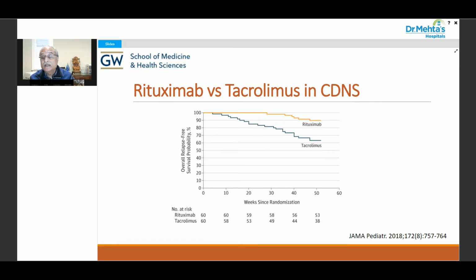And not only steroid-dependent nephrotic syndrome, but I think sometimes in steroid non-responsive patients, this could be tried. And even though I have resisted initially, I have been recently converted into thinking that maybe we should start using it even in those patients. The superiority of rituximab versus tacrolimus is clearly shown in this database.